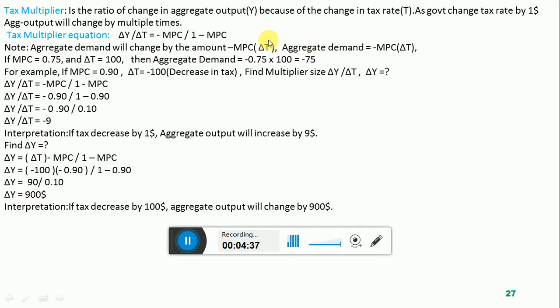We will calculate the increase in demand using this formula, minus MPC multiplied by change in taxes or change in tax rate. Using this formulation we can mathematically calculate the change in aggregate demand when the government of Afghanistan decreases the tax, and when the tax rate decreases, aggregate demand will increase, and that change in demand we will compute using this formula.